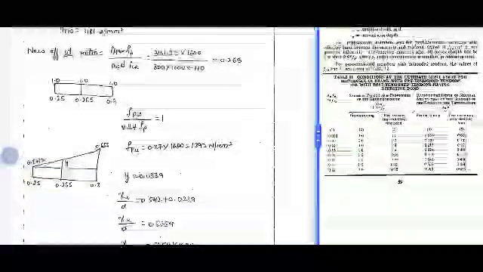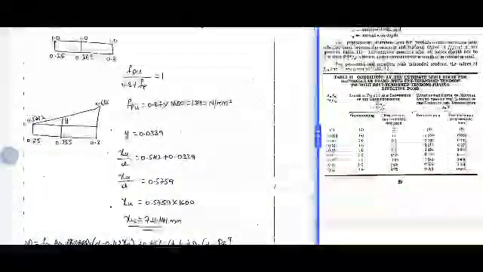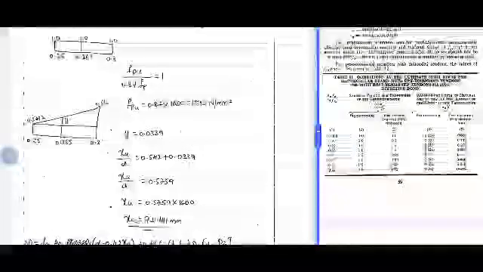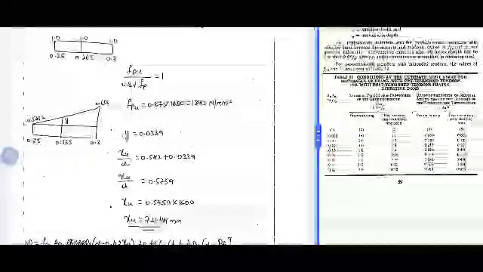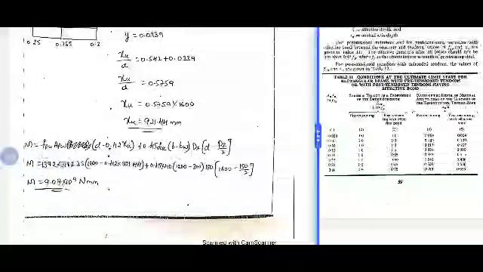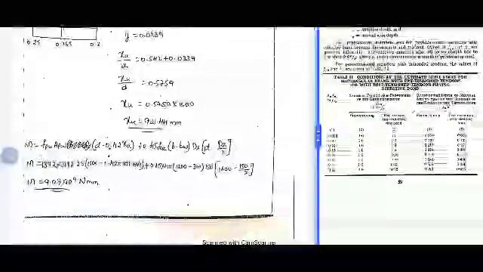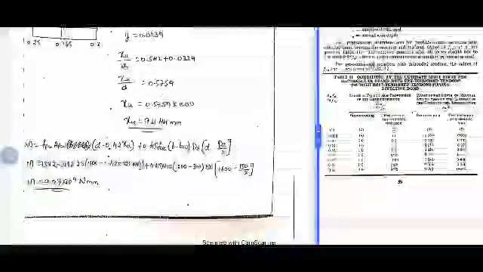On interpolating for 0.265 we will get 0.5759, and simplifying we will get XU as 921.44 mm. Then substitute in the equation for moment of resistance, and simplifying we will get 9.07 into 10 power 9 Newton mm.